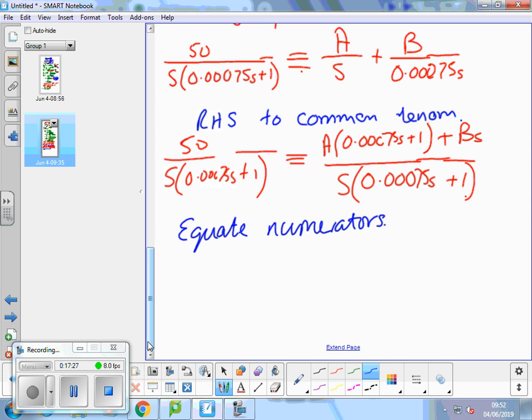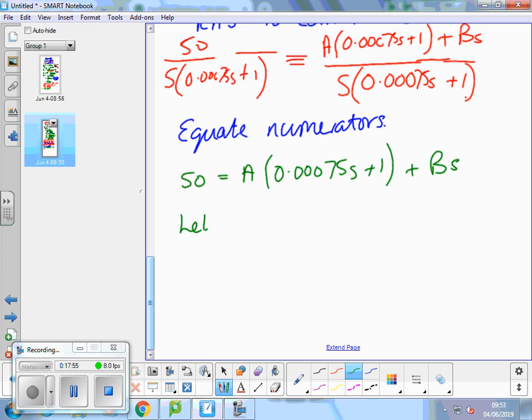Yeah. So you can say now that 50 is equal to I times 0.0075S plus 1, plus BS. Then you start to say, what can I do to make one of those terms equal to 0? So you rightly said, let S equal 0.